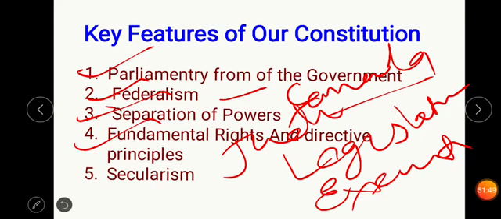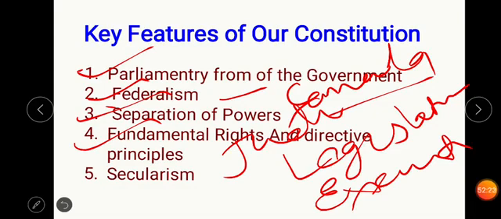So these rights ensure the idea of secularism, socialism, right to freedom of religion, culture and education, right to equality, right to constitutional remedies, and right against exploitation for all the citizens. So under these fundamental rights, these were mentioned. That's why this is also known as a special feature of our Indian Constitution.